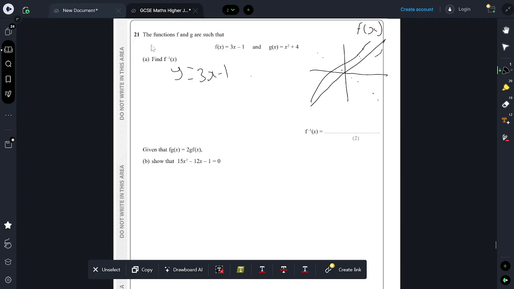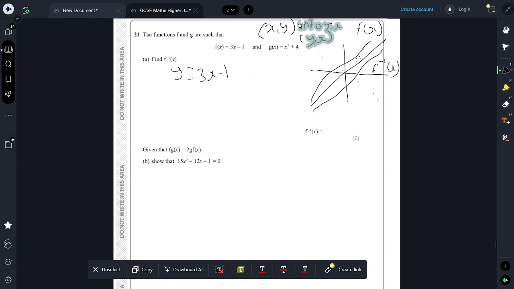It looks something like this. So this would be the inverse, and the idea is the x and the y's change. So if you reflect it in this line, the y coordinate will go to the x one, and the x one will go to the y one. So if you reflect x, y in y is x, it becomes y, x. So see the y and the x change places.